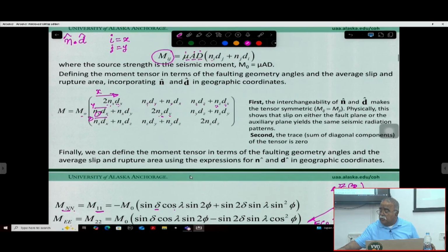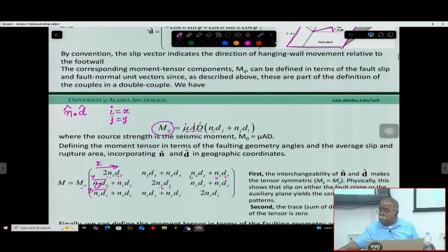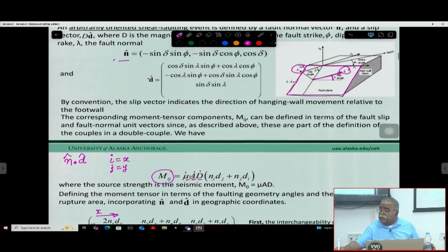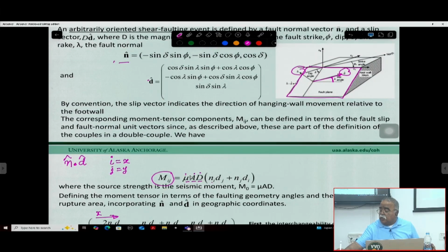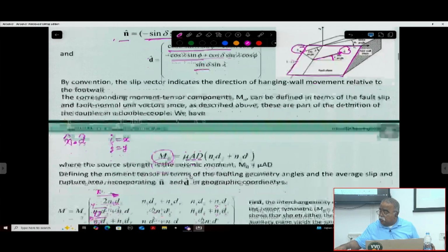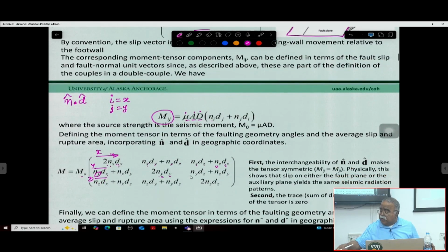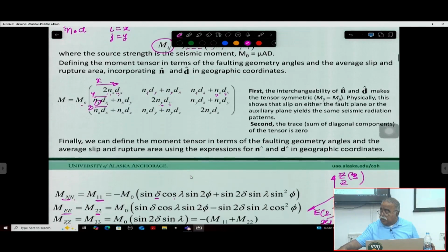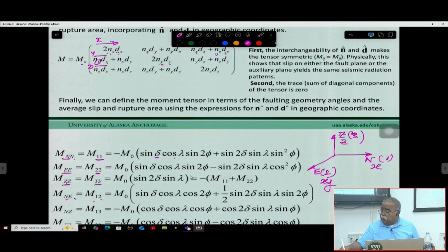So this number you can plot, and you can substitute with the n dot d. So this n and d, this is your x, this is y, this is your z. If you can put this number here and add them up together, then you can find out all the M11, M0 values by using these numbers.